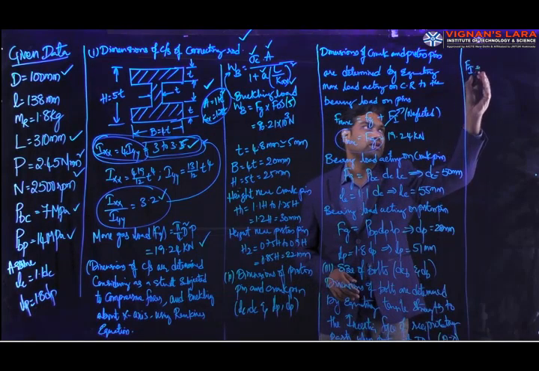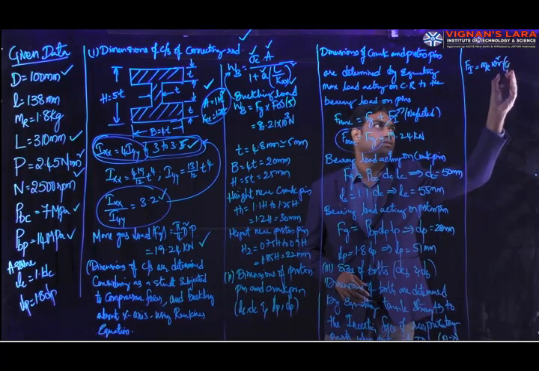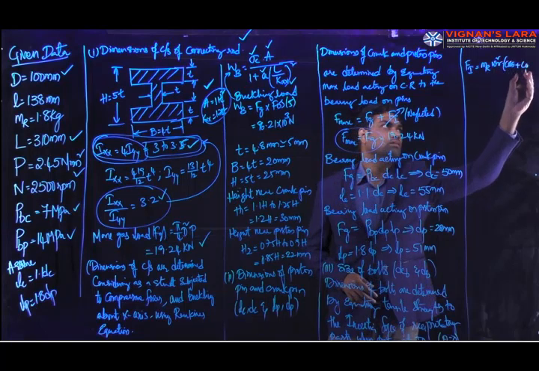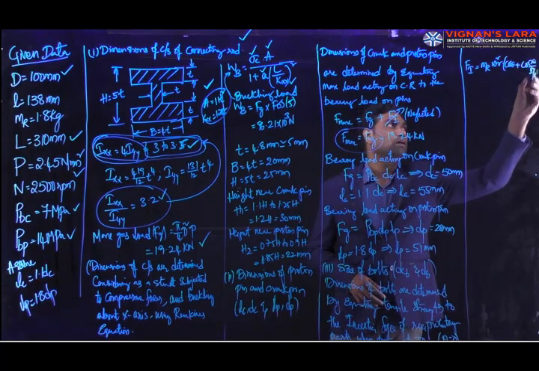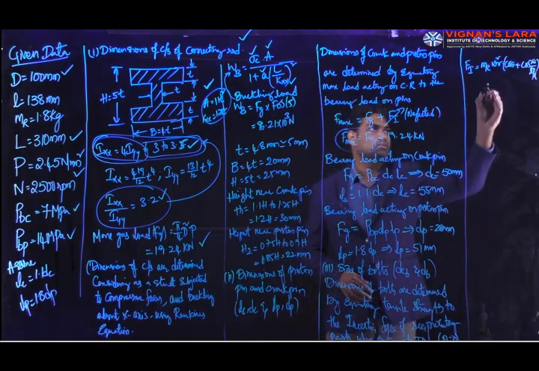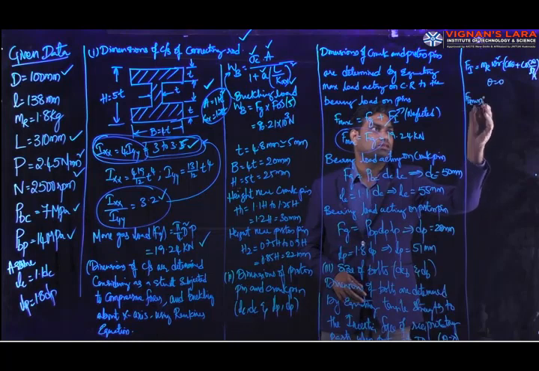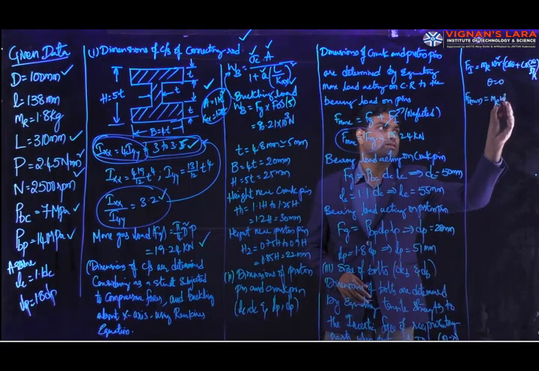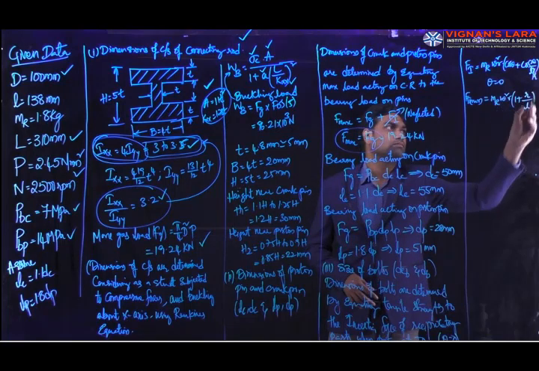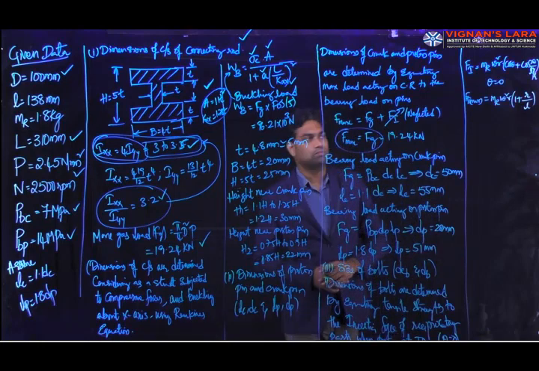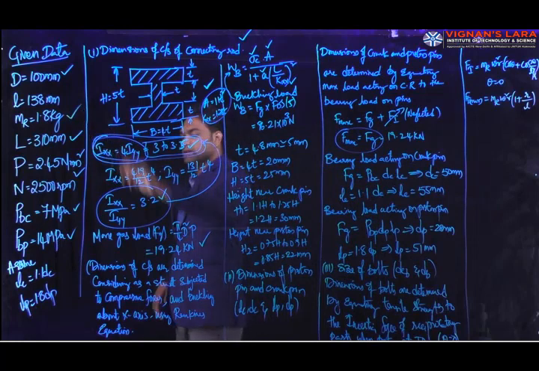Fi is usually calculated as mr omega square r into cos theta plus cos 2 theta by L by R. So with theta equal to 0, the maximum inertia force Fi max is given as mr omega square r into 1 plus r by L. So this is the equation for maximum inertia force. mr is the mass of reciprocating parts, that is given in the data as 1.8 kg.